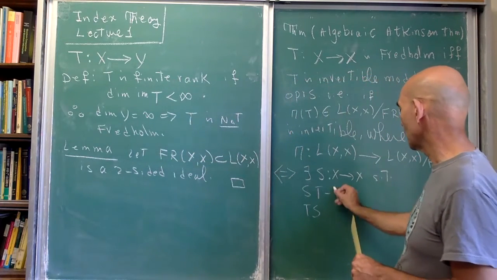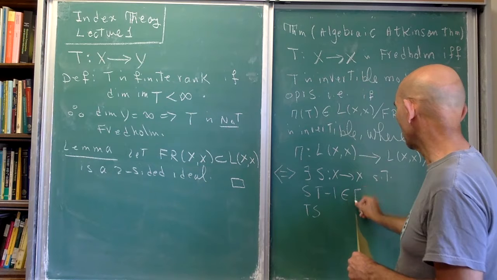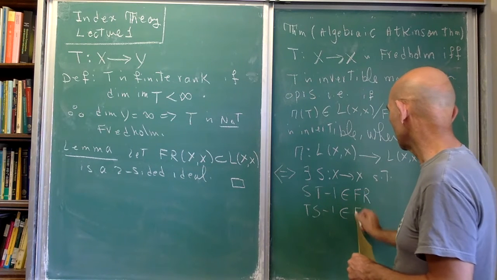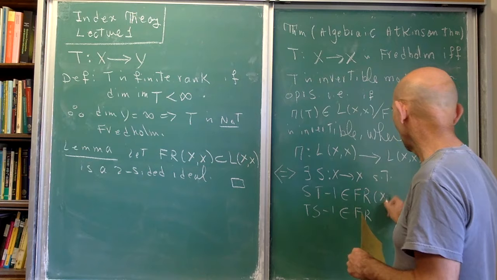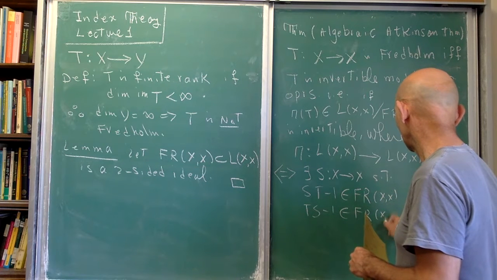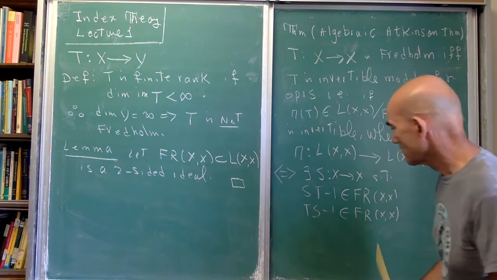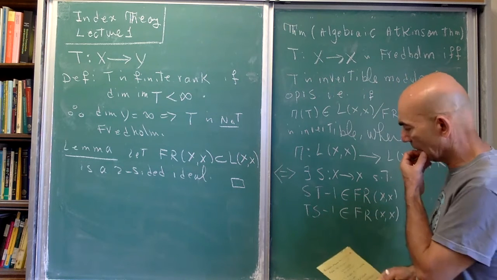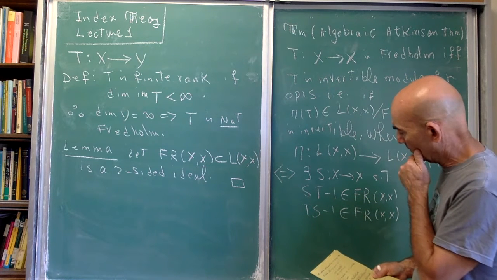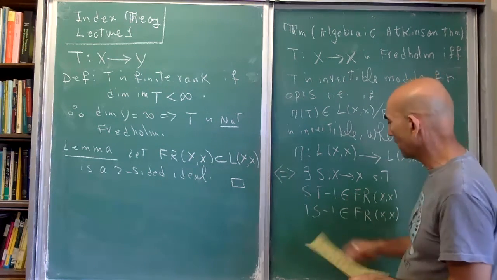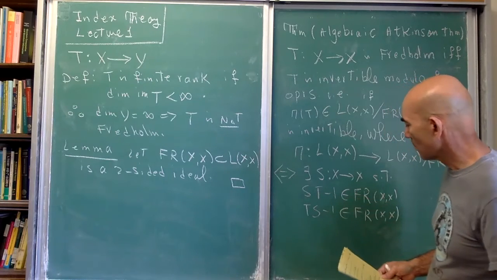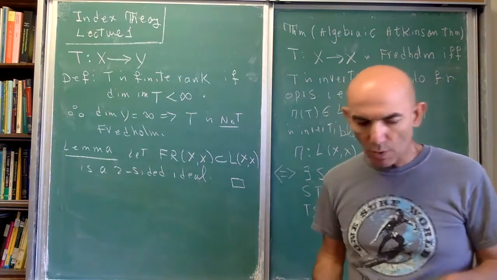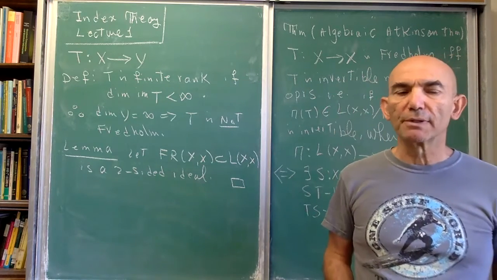So ST minus 1 belongs to the finite rank operators on X, and TS minus 1 also belongs to the finite rank operators. This S obviously is not unique. There could be many such S.